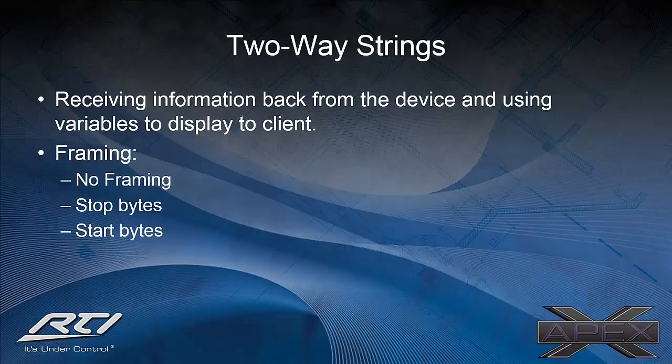The start byte is just a little additional help and maybe rejection of some bad data. If you have a start byte, the processor doesn't collect any bytes until it gets the start byte, and then it collects all the bytes after that until it gets the stop byte, and then passes that.